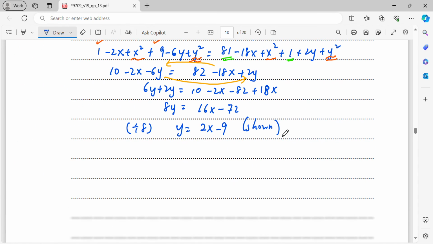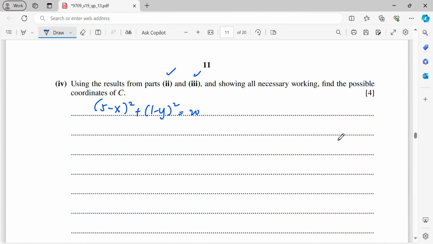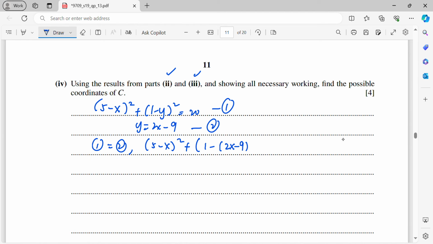Okay, then write down this as well. y equals 2x minus 9. Now, solve these two simultaneous equations. So (5 minus x) squared plus (1 minus y), where y is replaced by 2x minus 9.